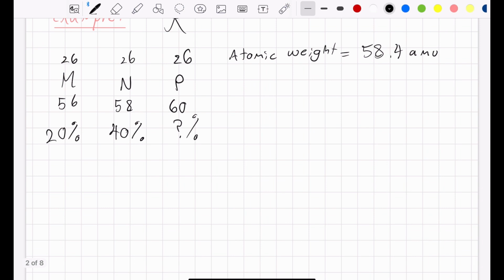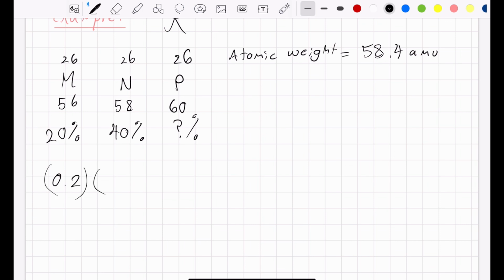Well, there's a general way to approach these questions, and what you do is you multiply the percentage of each isotope by its atomic mass units, with the percentage as a ratio. So 0.2 would be 20%.